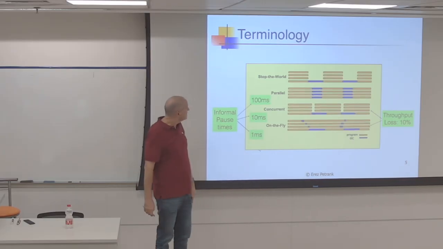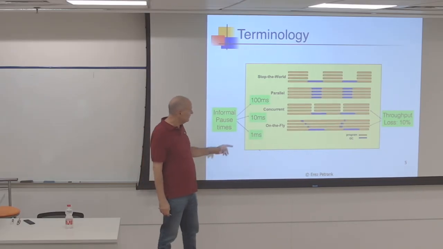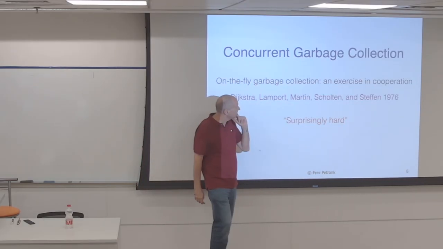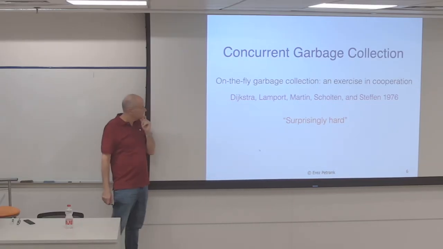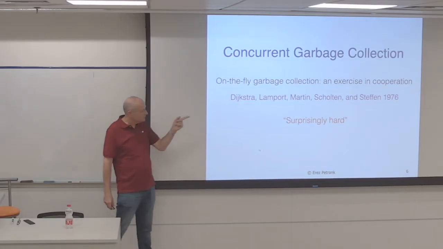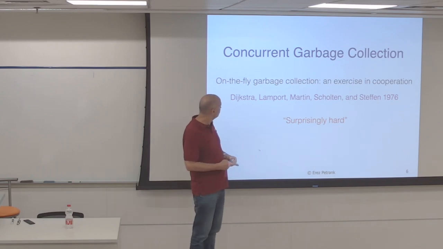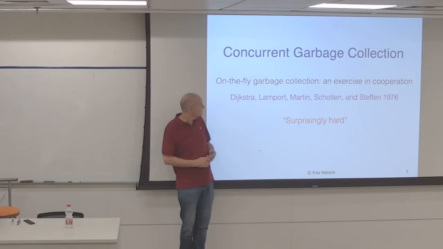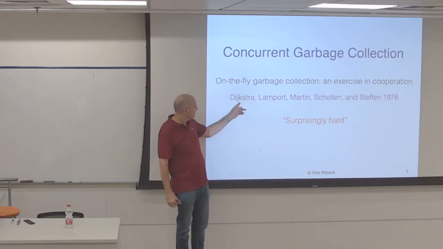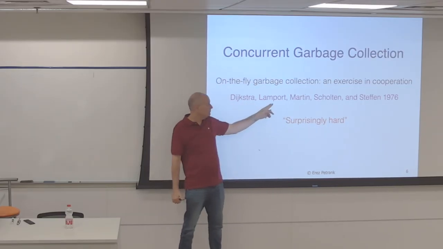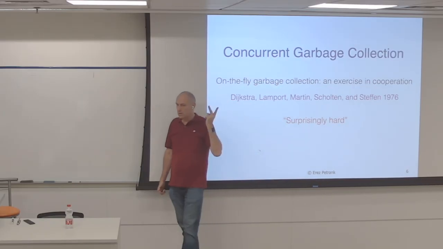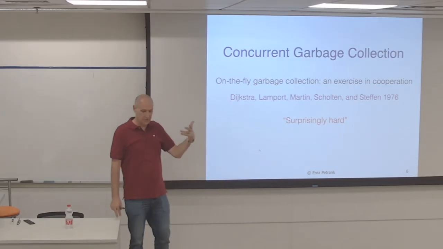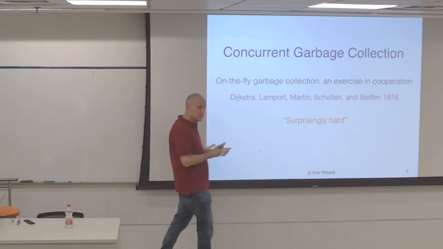Okay, so this is what we're going to do. We're going to start with concurrent. This is the first work from '76, and you see here Dijkstra and Lamport, two Turing Award winners.